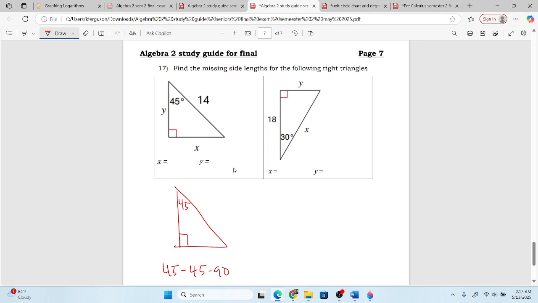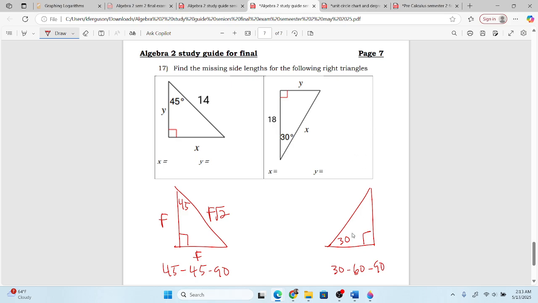If I have a triangle that's like this, right? The pattern is, let's call this F for 45. This is F, and this is F times the square root of 2. And then if I look at this triangle, that is a 30, 60, 90 triangle.